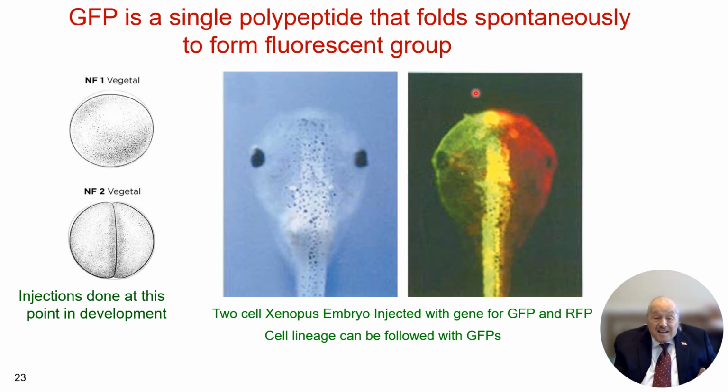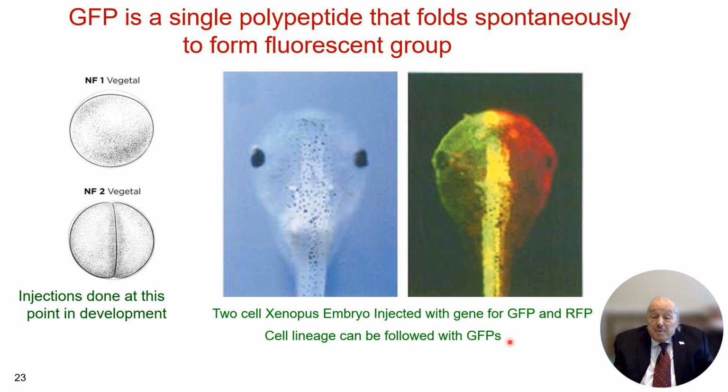remarkable this is, the Xenopus embryo was injected at an early stage with the gene for GFP. From the initial division, one of the cells was injected with GFP and one with a red fluorescent protein. And as the Xenopus matured, basically one side of the organism was green and the other side was red.